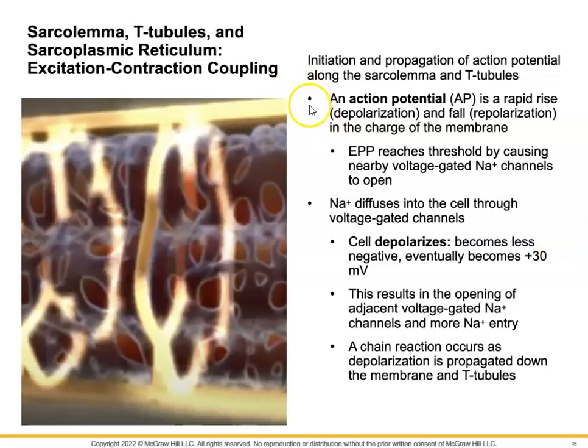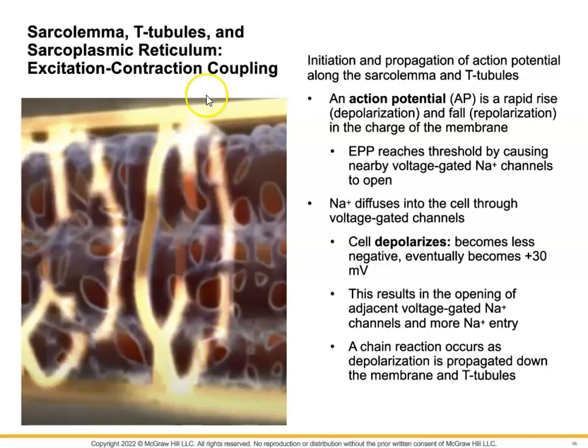Now, I really like this image because you can see here with the bright yellow, it looks like it's lit up. This is your sarcolemma, and it extends down into the cytoplasm of the cell and circles around the myofibrils there, okay?